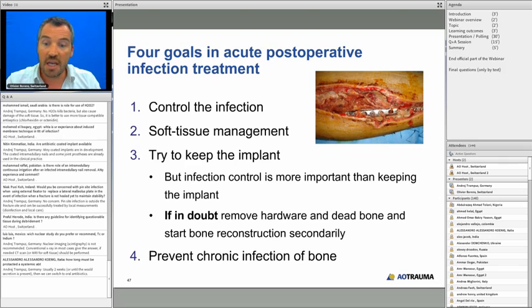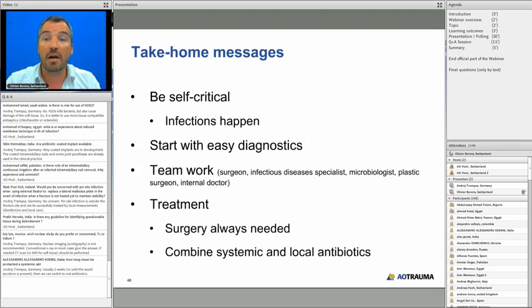The take-home messages of today's webinar: the first thing I think is we have to learn to be self-critical. Infections do happen. It's not a catastrophe if it happens. We should start with easy diagnostics, which are going to help us afterwards to make good choices for the treatment.